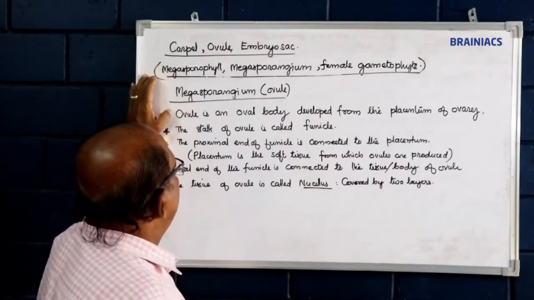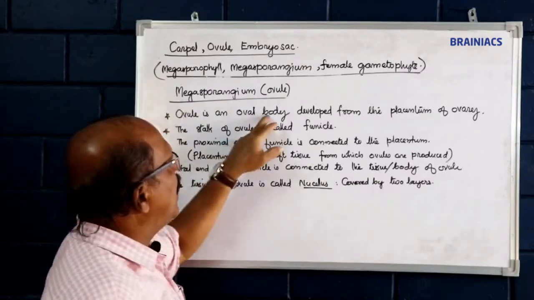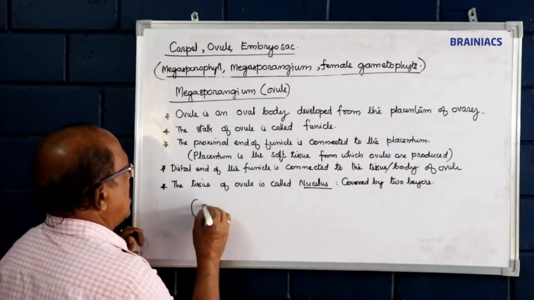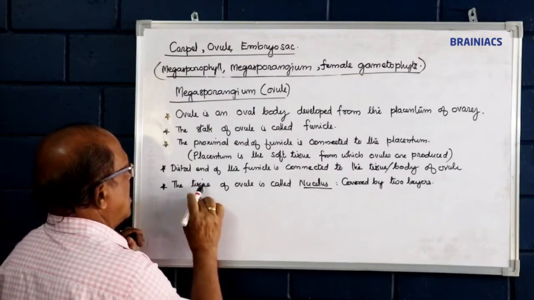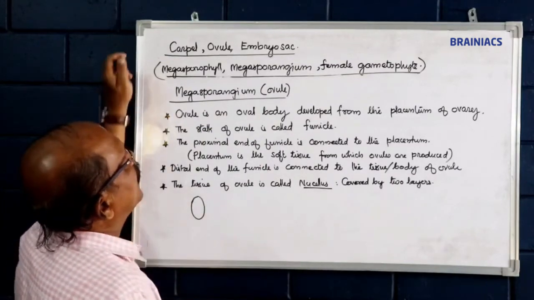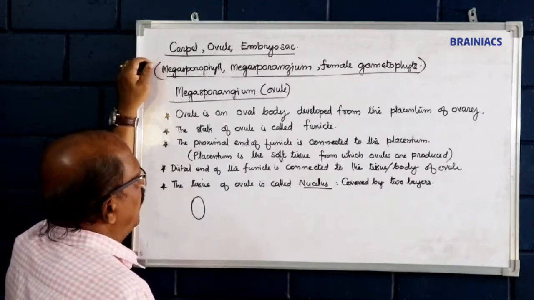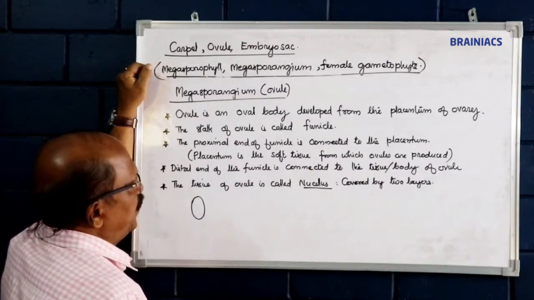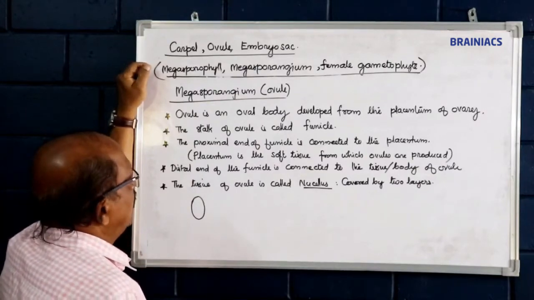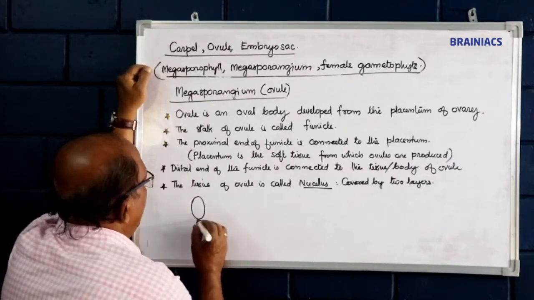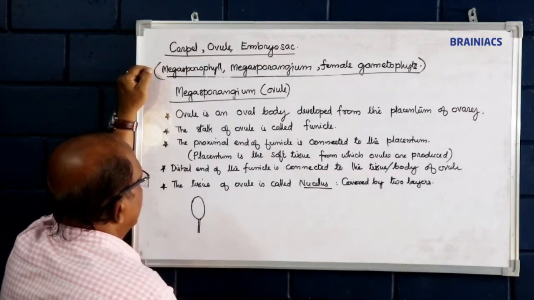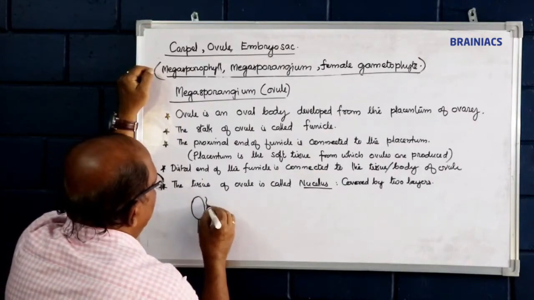So the ovule is an oval body, developed from placentum of the ovary. The stalk of ovule is called funicle, and this is stalk. This is body of ovule.